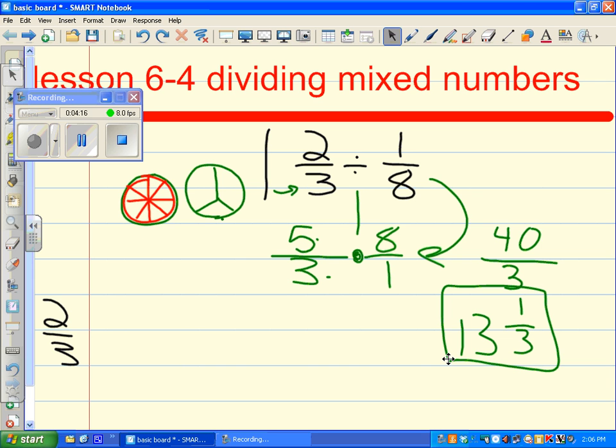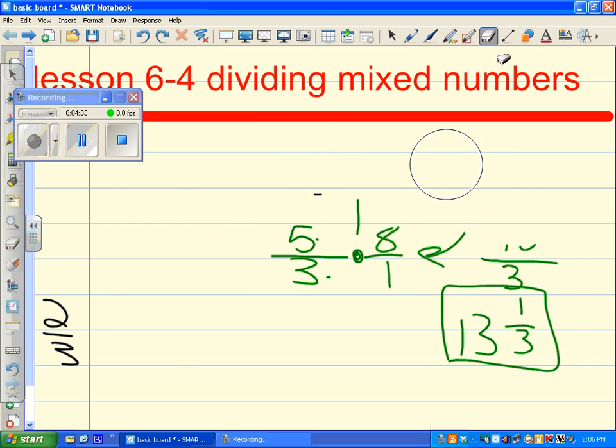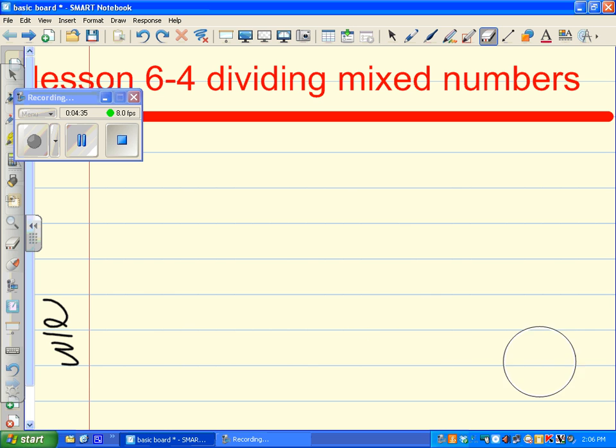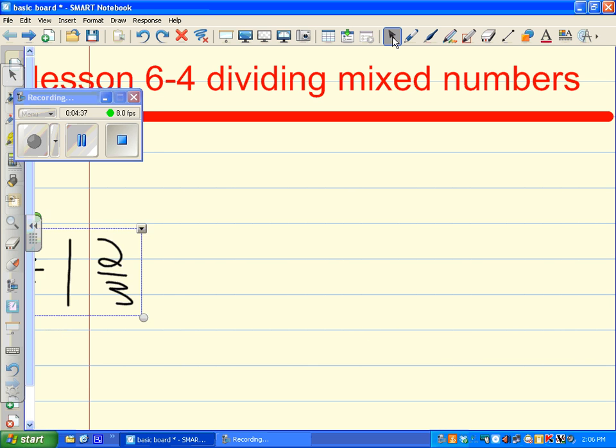Well, I'd fit 8 in there, so that's 8, plus approximately 1, 2, 3, 4, 5, 6. 8 plus 6 gives me about 14. That's my estimate, roughly. And in this case, 13 and 1/3 is pretty close. Not too shabby.